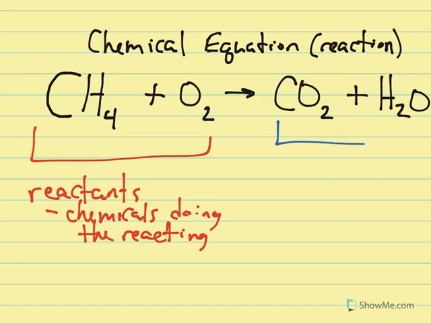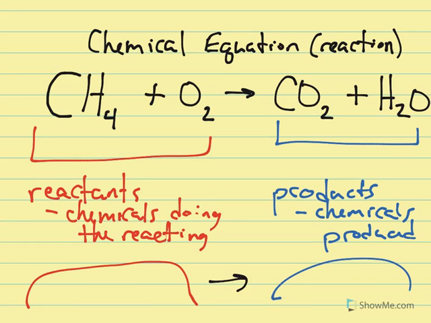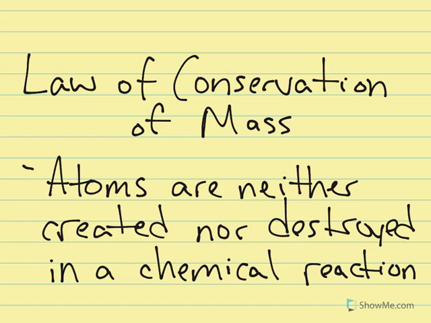And then on the right, you have your products, which, as the name implies, are the chemicals that are produced. So in this chemical equation, the reactants break themselves apart and rearrange themselves to make these products over here.